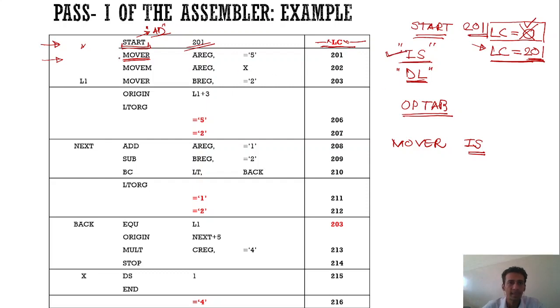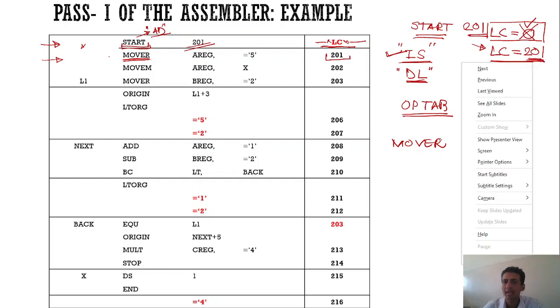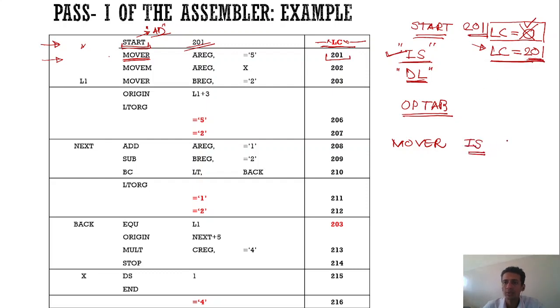So for this particular instruction, the location counter will be set as the current value, that's 201. As we know, in the OP tab the third field was the length of the instruction, and I have already told you that we are considering the length of each imperative statement as 1, as it is a hypothetical language.